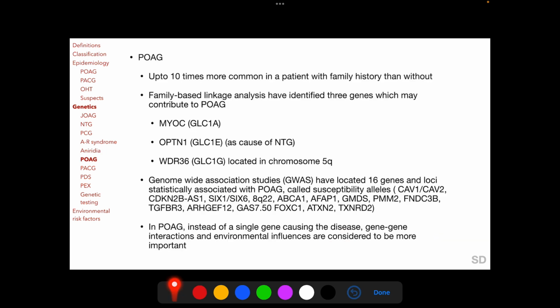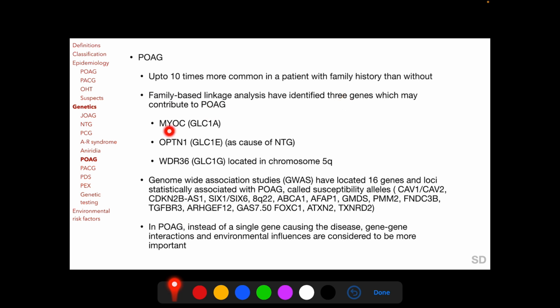As we have discussed, POAG or primary open angle glaucoma is up to 10 times more common in individuals with family history than in individuals without family history. Family-based linkage analysis have identified 3 genes which may contribute to POAG.